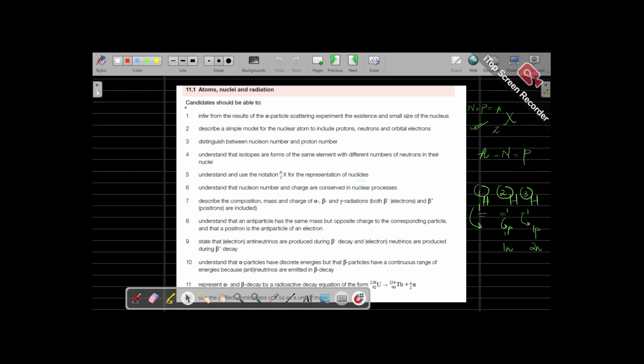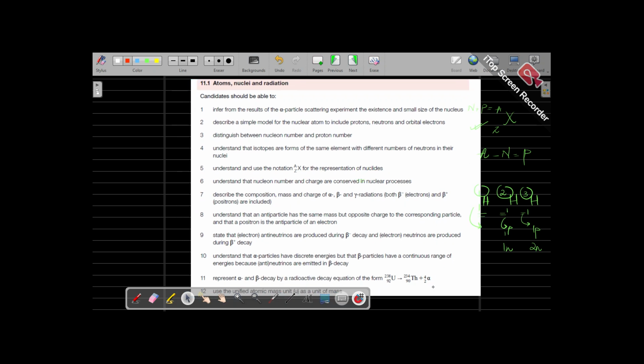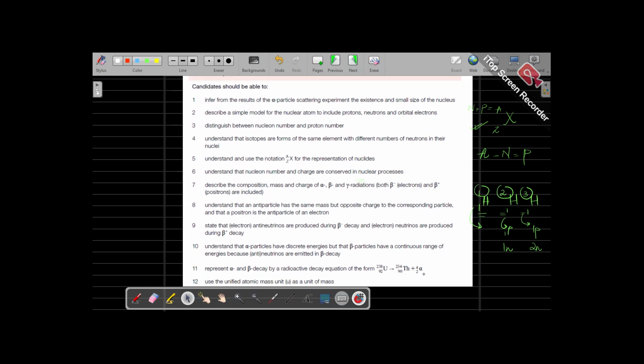That's sorted. Then represent alpha and beta decay by a radioactive decay equation of this form, that we have already seen. Alpha, it is understood, has 2 protons and 2 neutrons, so whenever a parent atom gets converted into an alpha particle and a daughter atom, the daughter atom has 2 fewer protons and 2 fewer neutrons, or we can say 4 fewer nucleons altogether.